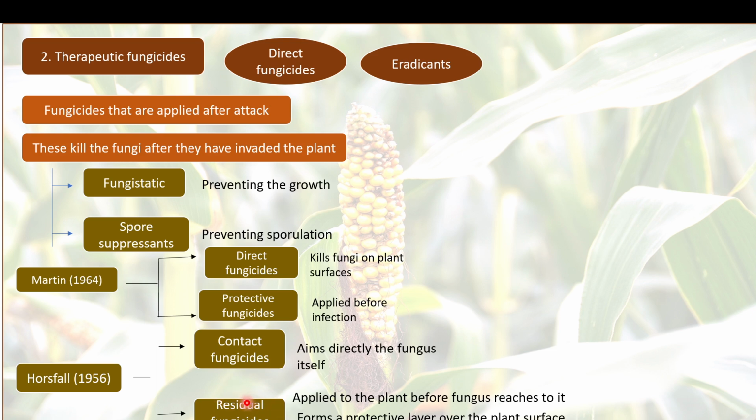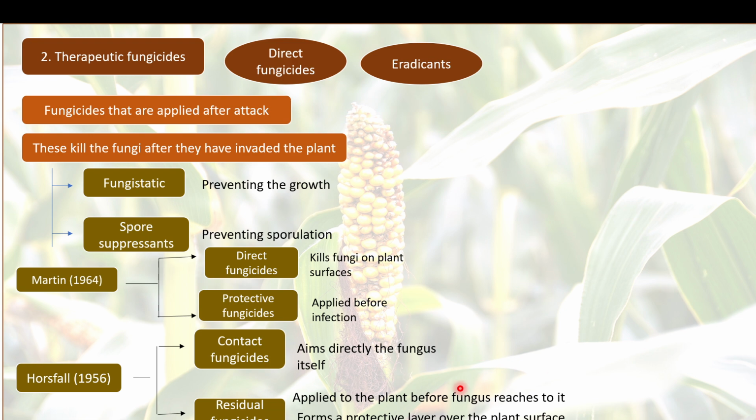So why is it called residual? Because this fungicide forms a protective layer over the plant surface. It will remain as a protective layer or residue over the plant surface. So when the fungus comes and lands on the plant, this fungicide will not allow the fungus to enter, and it will remove the fungus from there.